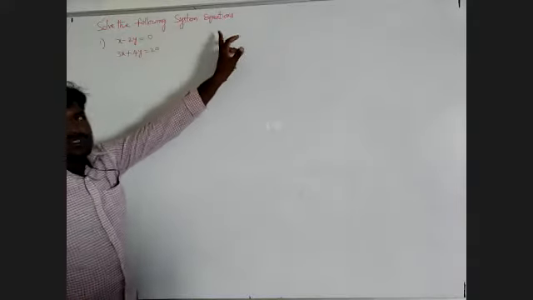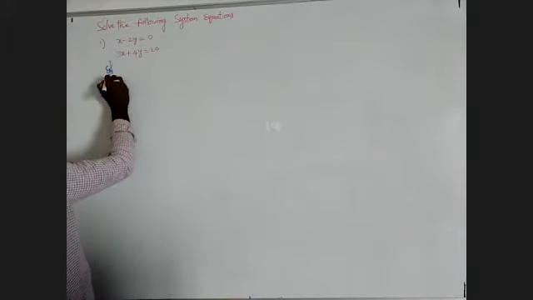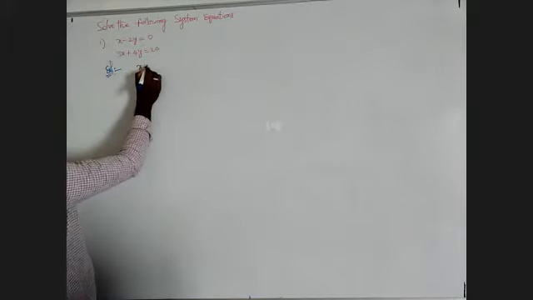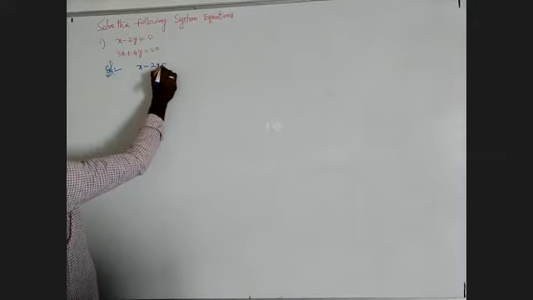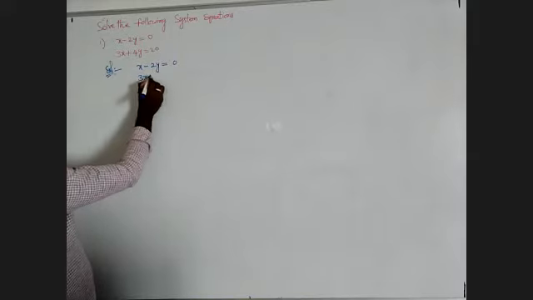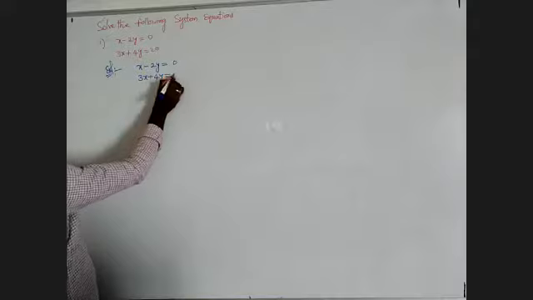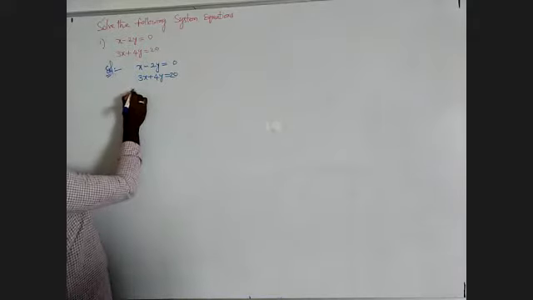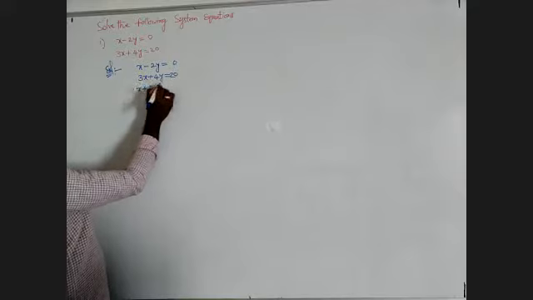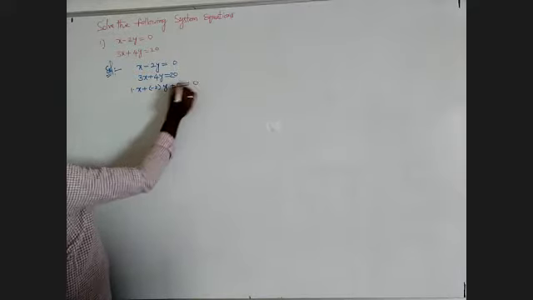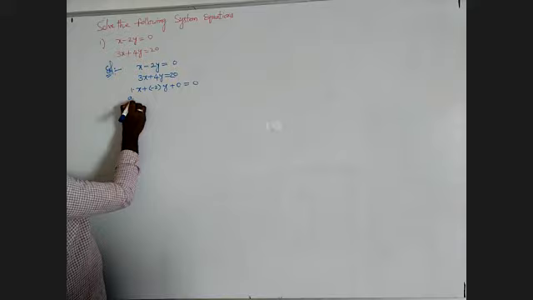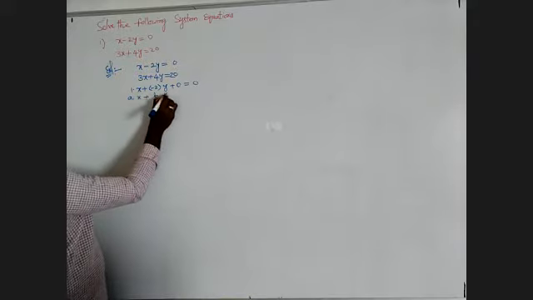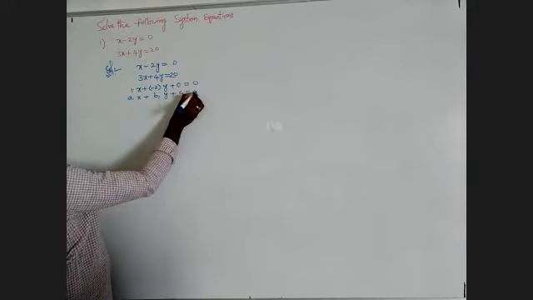Solve the following system of equations by using these conditions. Here the equations are x minus 2y is equal to 0 and 3x plus 4y is equal to 20. We write this as 1 into x plus minus 2 into y plus 0 is equal to 0, and compare with a1x plus b1y plus c1 is equal to 0.